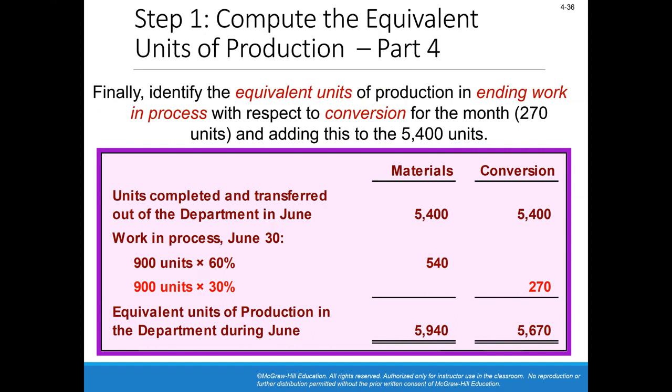And then I'm going to calculate out the conversion cost. So I do the same thing, 900 times that percentage, which was 30%. So I have 270. So the equivalent units in production at the end is 5,670 for conversion.